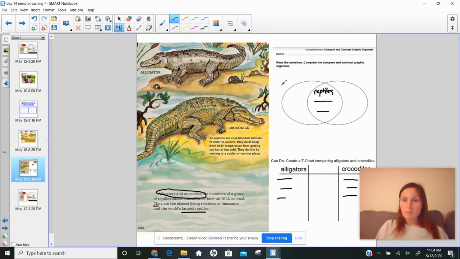And over here, remember, this would be the differences. This would be the alligator over here, and this would be the crocodile over here. And I would say how each one of those is separate, and here how they're similar. Okay, so it just depends on which one you prefer. You're going to keep reading about them throughout the rest of the pages of the book. Again, you don't have to fill in everything.